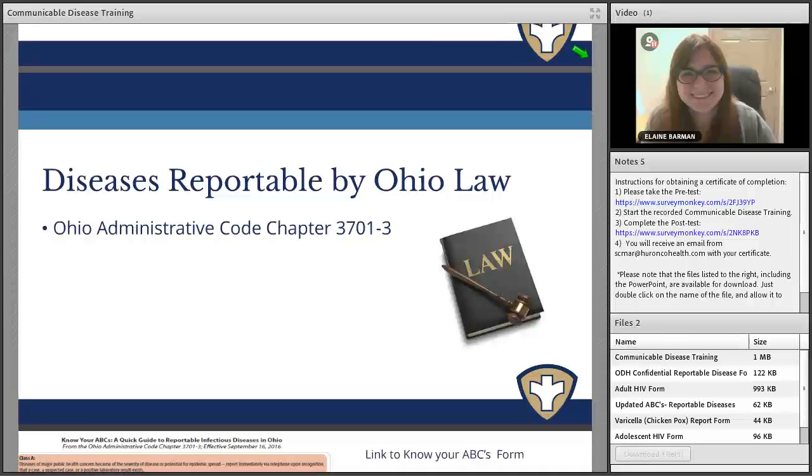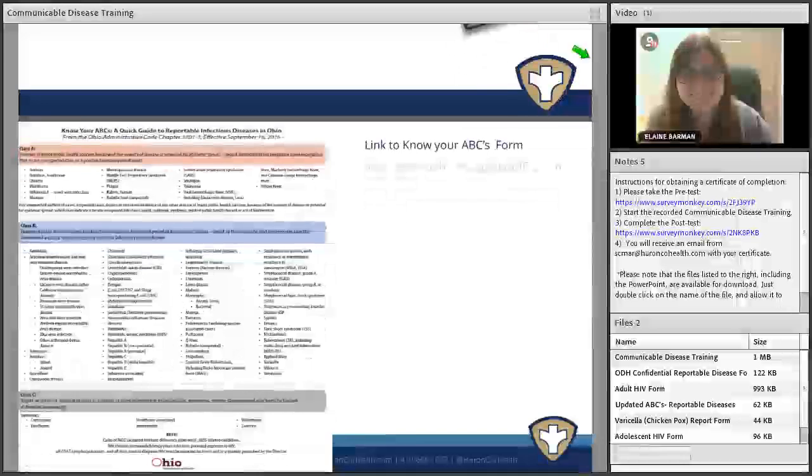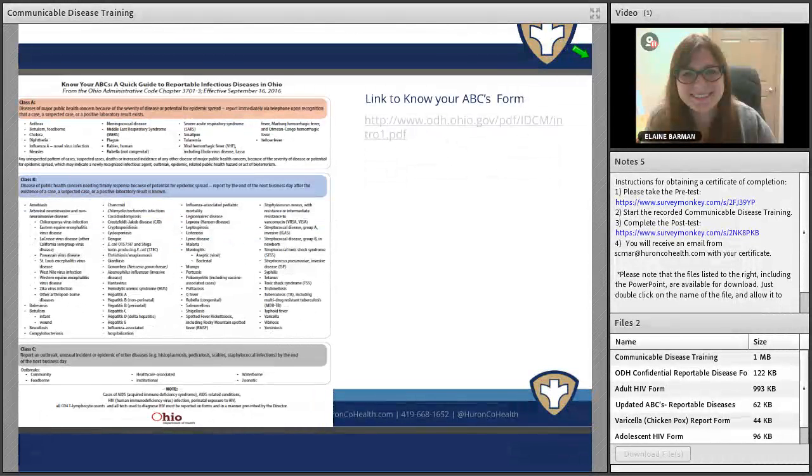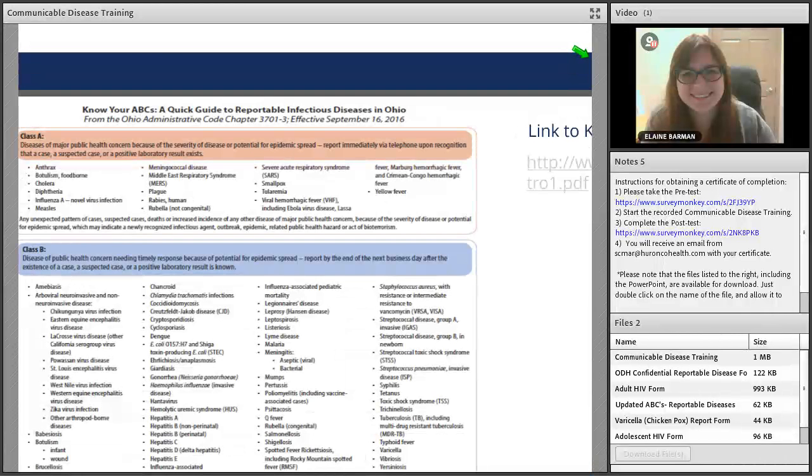So first, diseases reportable by Ohio law. It is at Ohio Administrative Code Chapter 3701-3. So that's where you can find all the information about the reportable diseases. This file here is nice to look at. I'm going to zoom in a little bit for you.